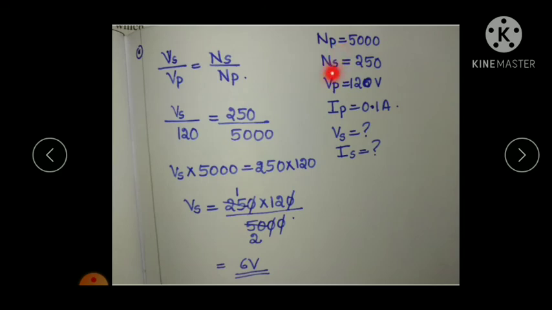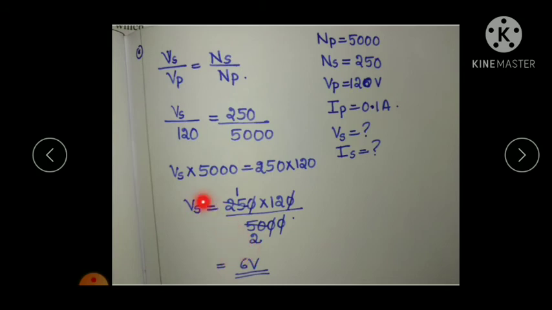NP is given, NS is given, VP is given, VS is not given. So in the first step we have to find VS. Use this equation, VS by VP is equal to NS by NP. Substitute the values, cross multiply, and we will get VS is equal to 6 volt.